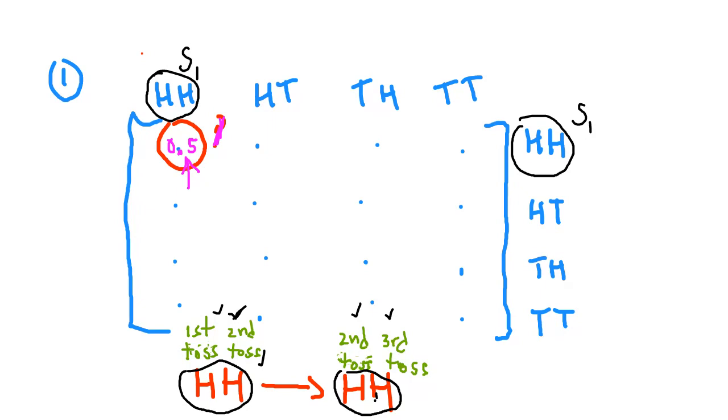Okay, now let's take another spot. Again, there's 16 numbers you have to fill in here. Let's say that you wanted to find this probability here. You're going from a head, I'm sorry, that's not right.